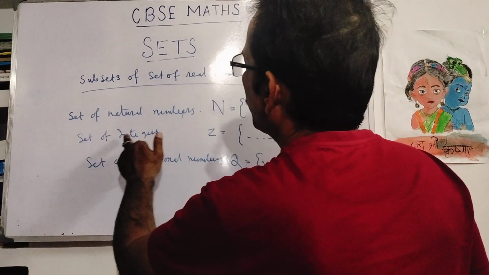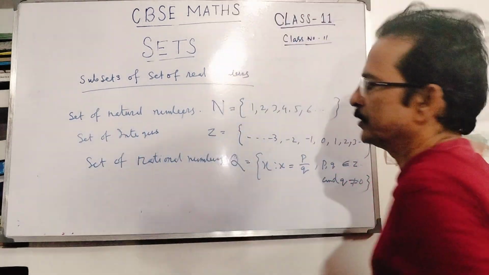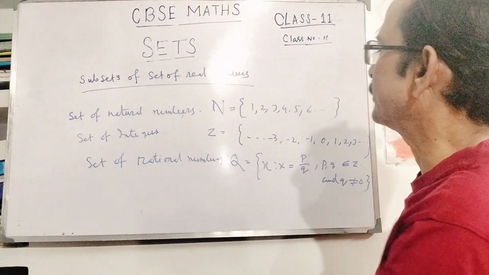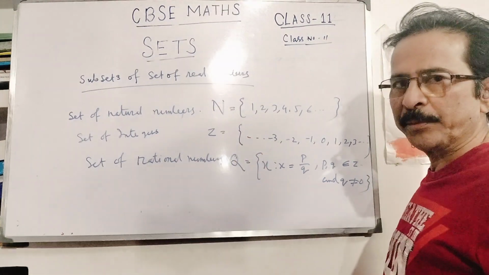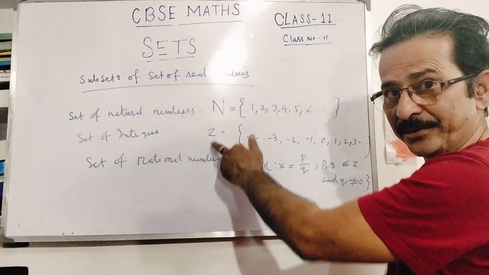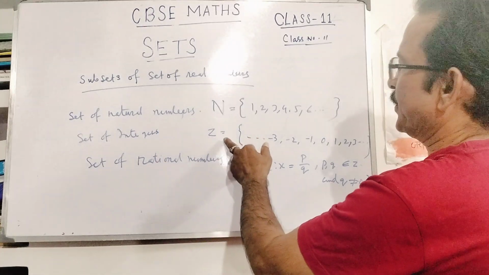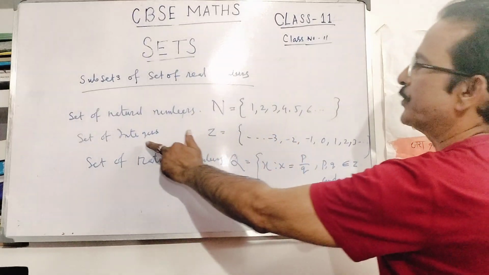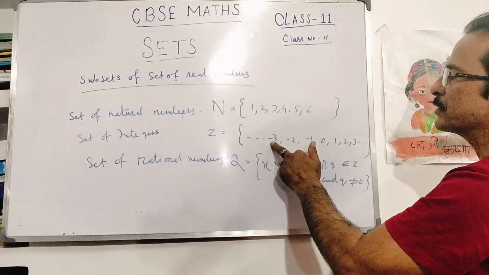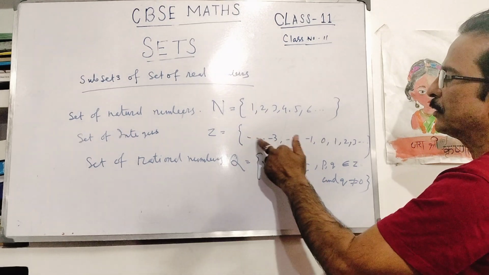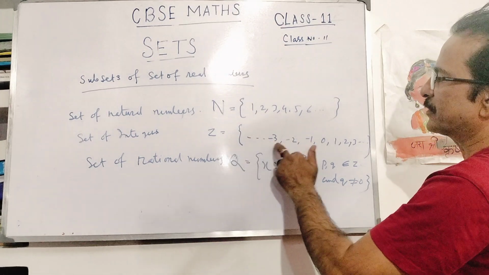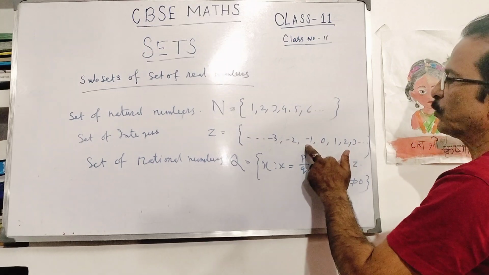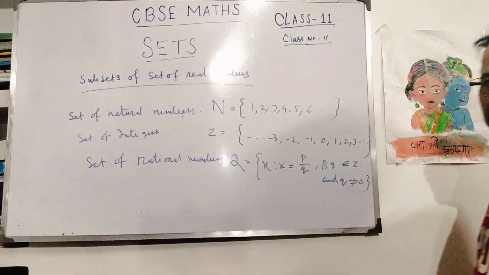Now the set of integers is symbolized by capital Z. Z is equal to minus infinity, minus 3, minus 2, minus 1, 0, 1, 2, 3.